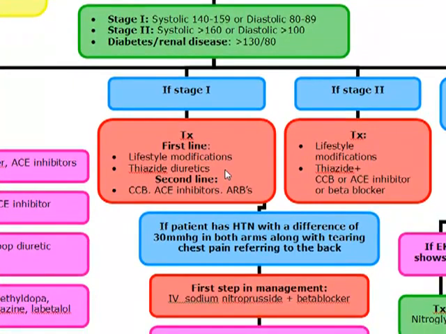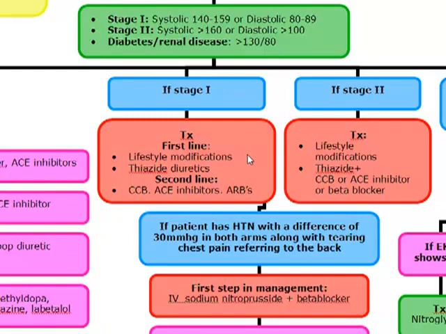We want to have a low salt diet, less than 2 grams a day. We want to make sure they diet. They have a weight reduction. You want to limit their alcohol consumption because remember we talked about alcohol being a factor that can cause hypertension. So for men, we want to limit it to less than 2 alcoholic beverages a day, and we want to limit it to less than 1 alcoholic beverage for women.